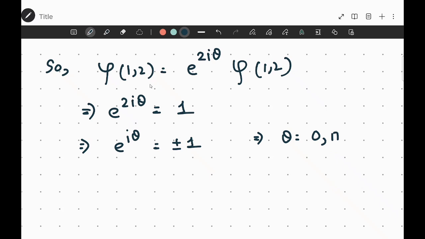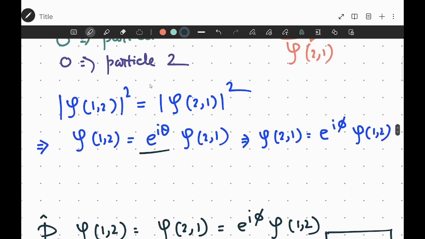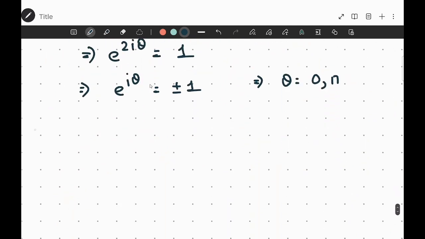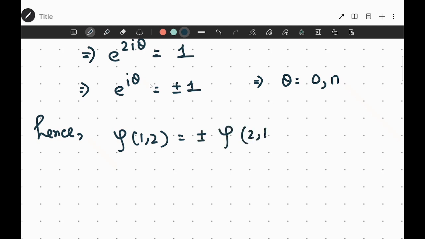From here it is coming. So here it was correct. It is i theta, but keep in mind that after giving two times of rotation, it should be the same thing. So when it is e to the power 2 i theta, it should be 1. So that essentially means that it is either plus 1 or minus 1. So from here, two possibilities are coming. Hence, you can write psi 1, 2 is equal to plus minus psi 2, 1.